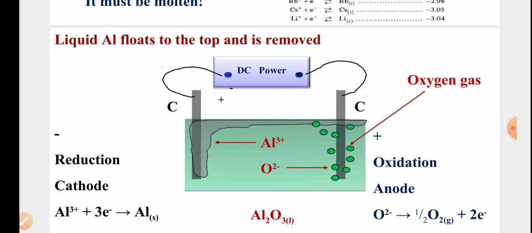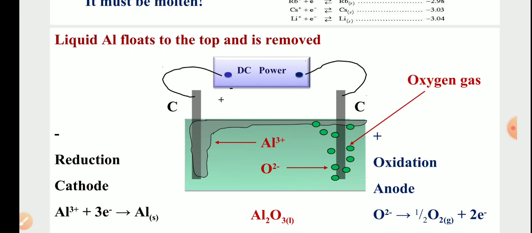So here, if you consider Al2O3, then there will be only two ions, that is Al3+ and oxide as an anion. So the cation will move to the cathode and the anion will move to the anode.